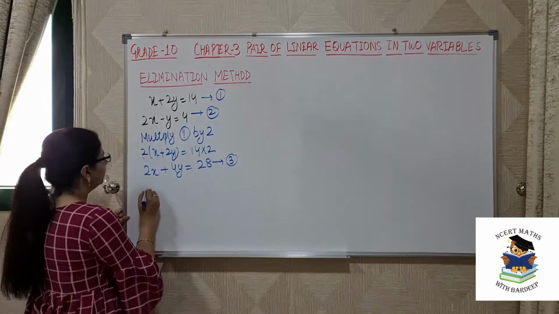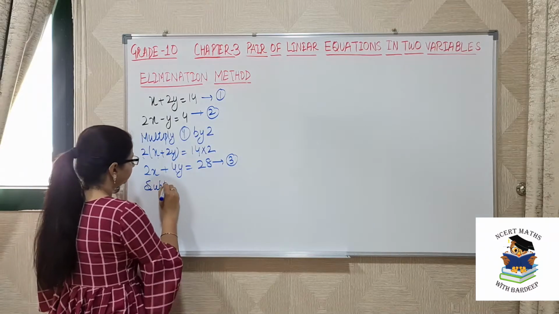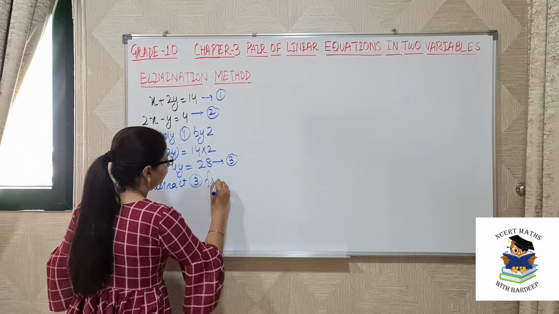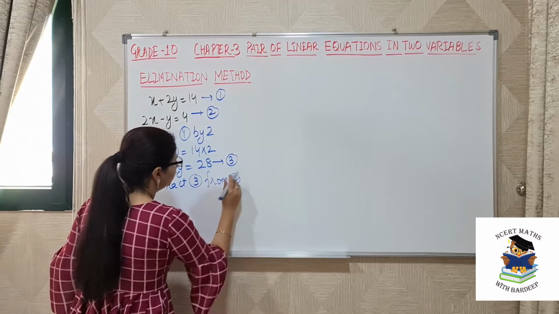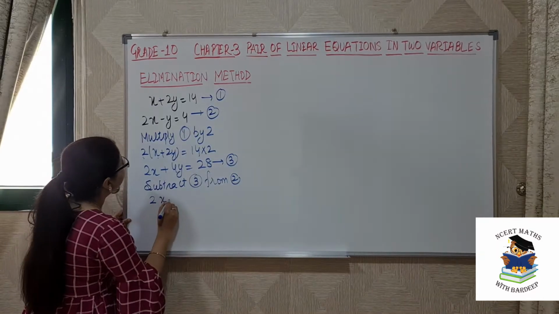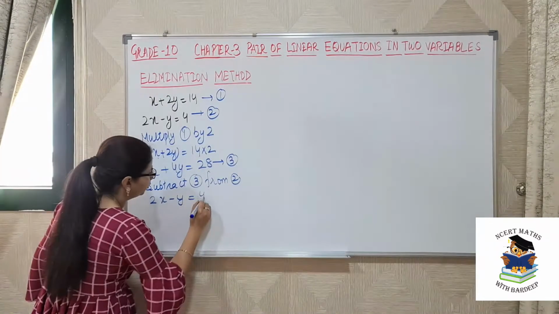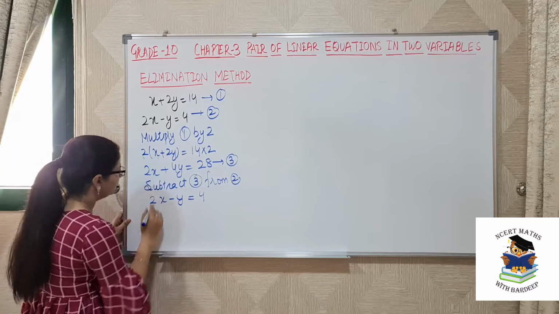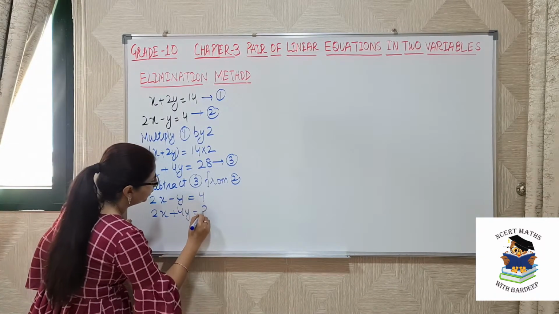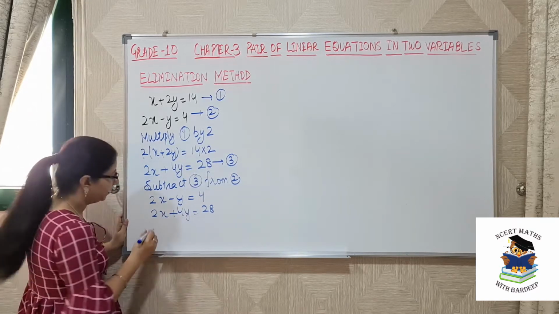So we will say subtract 3 from 2. That means 2 I should write first. So this is 2x minus y equals 4. So 3 is this thing, that is 2x plus 4y equals 28.